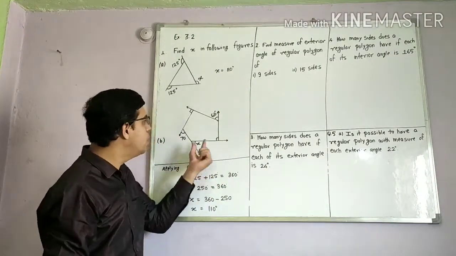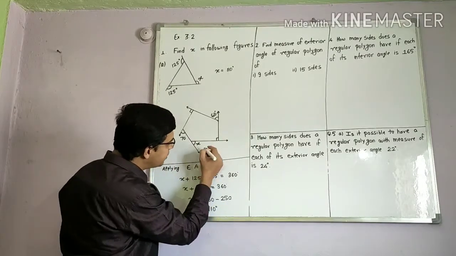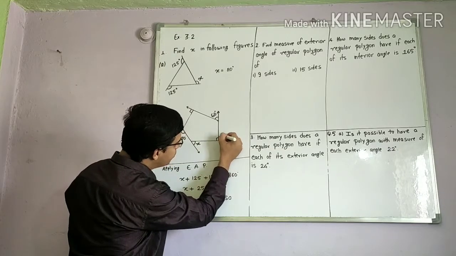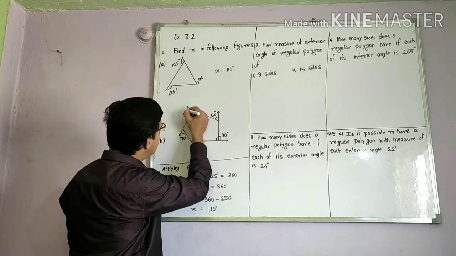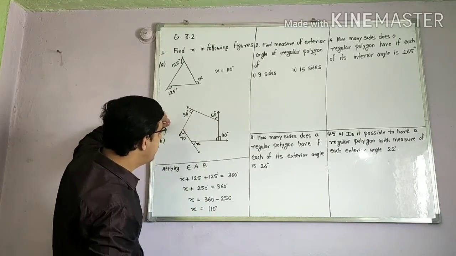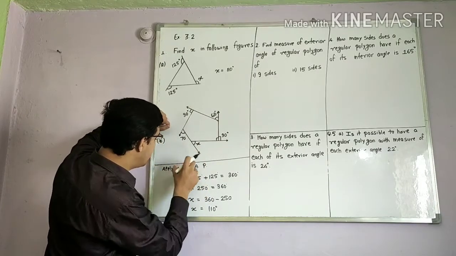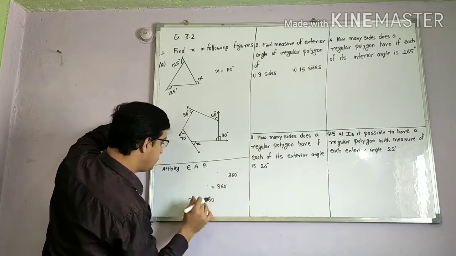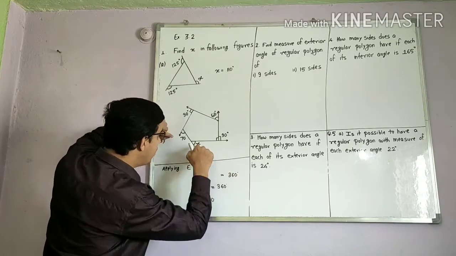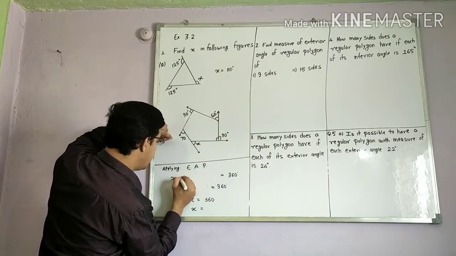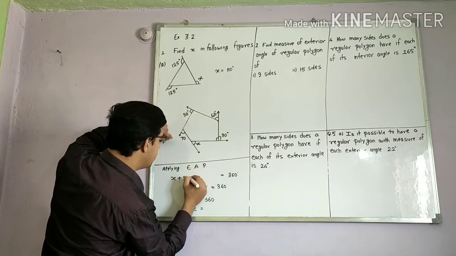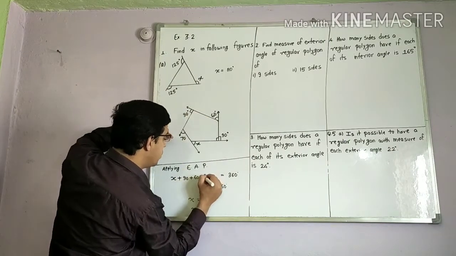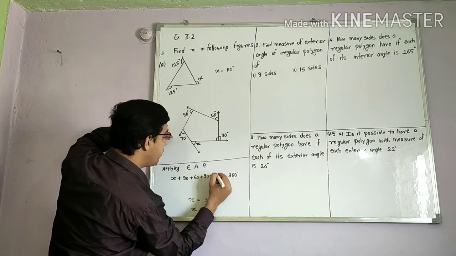Next, second question. Here also we have to find the value of this x. This angle is 90 degree. So by linear pair, this angle is also 90 degree and this angle is also 90 degree. Now we have to find x. The same property we will apply again. So here we have x plus 90 plus 60 plus 90 plus 70.